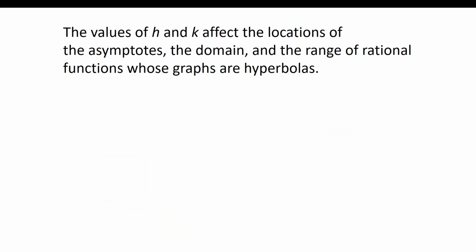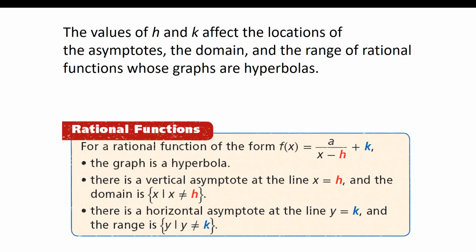Okay, next. The values of h and k affect the location of the asymptotes and the domain and the range of rational functions whose graphs are hyperbolas. All right, so here's an important chart for you to keep in mind. For a rational function of the form f of x equals a over x minus h plus k, the graph is a hyperbola.